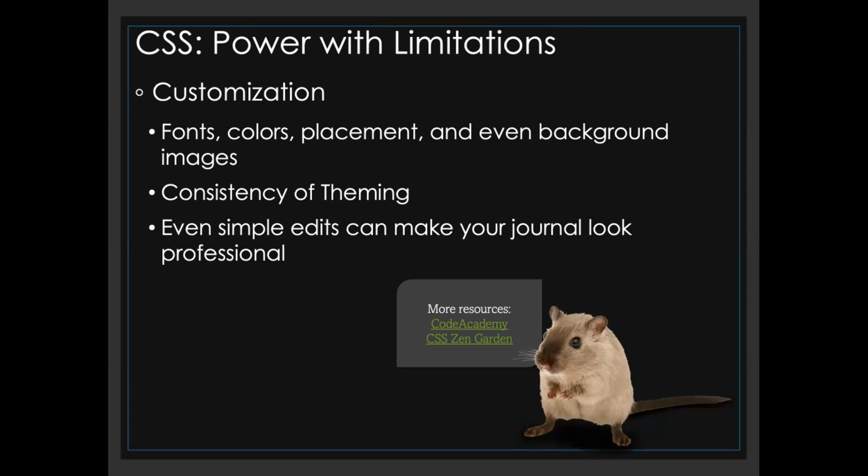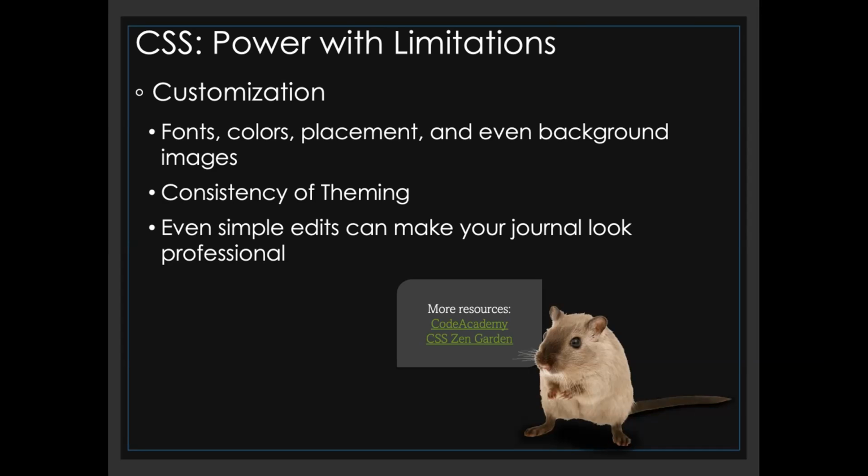I could go into a long lecture about CSS and show you a demo, but we are running out of time and it would probably scramble the rest of your brains because it's a lot. Basically, it allows you to change font, colors, and placement of things, and even add background images to your site. And it will make your site look a little bit more professional and a little bit more intentional.